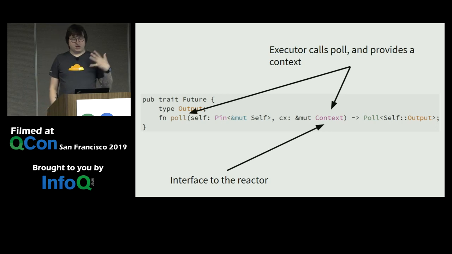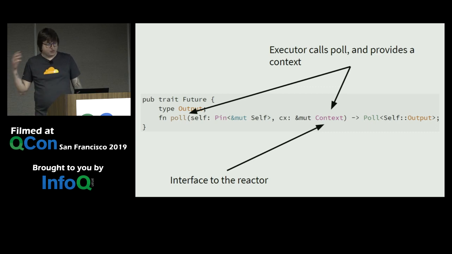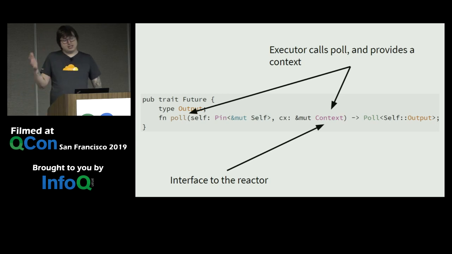And it gives this context argument to futures. What this context argument actually is was the source of a lot of the development of the Future trait. But what it currently contains is basically that interface into the reactor. So that waker concept I referenced before: the executor says, okay, you're using this particular reactor, I bundle it up in this context, and I pass it along to the futures.